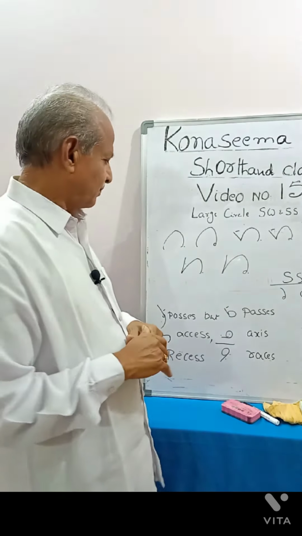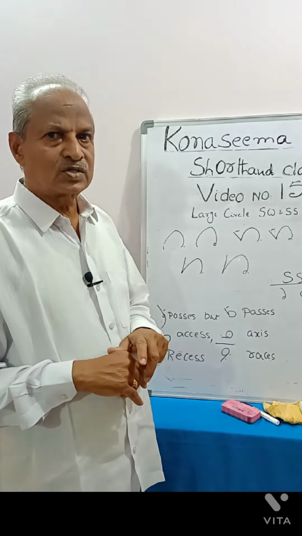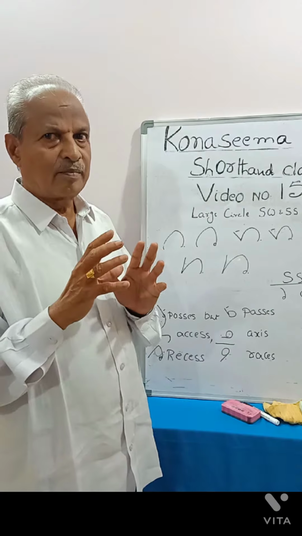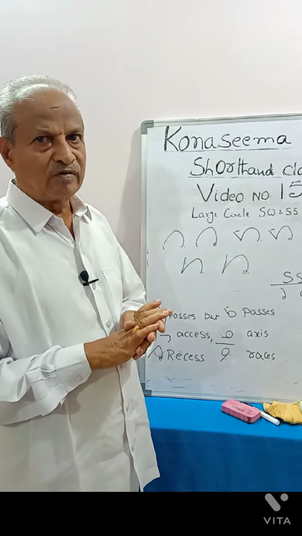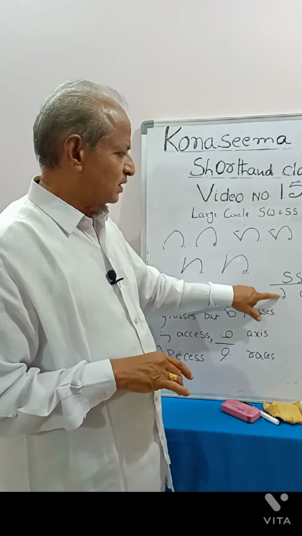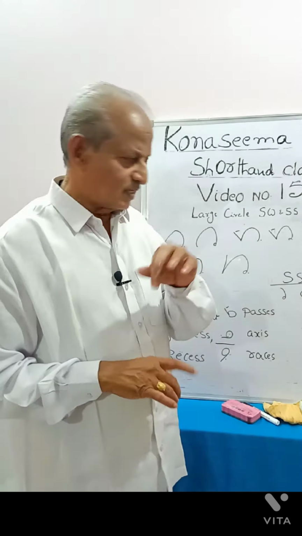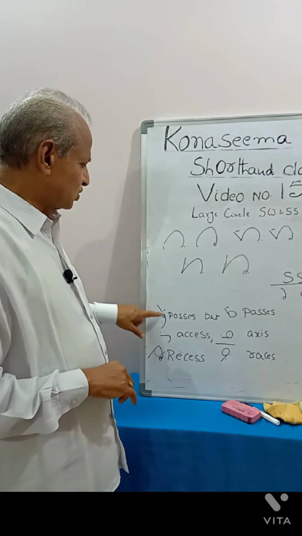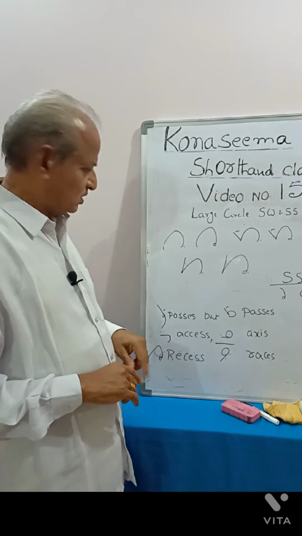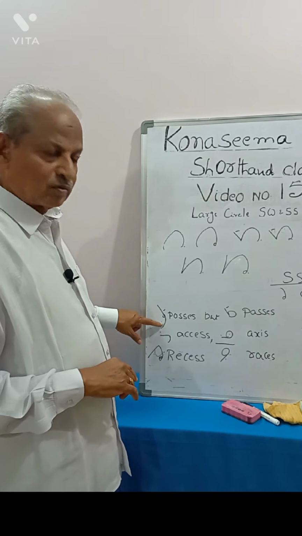Okay. Next, in some words, for making distinction, we will write somewhere stroke S circles and somewhere the large circle. For example, you see possess, P-O-S-S-E-S. P circles, stroke S we have to write.